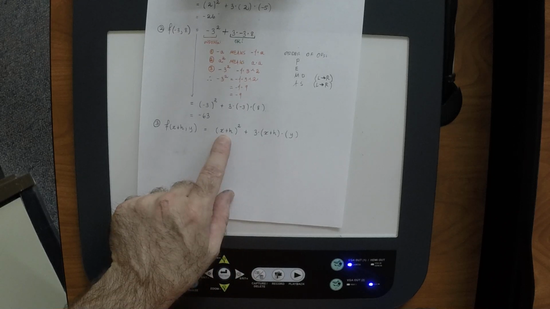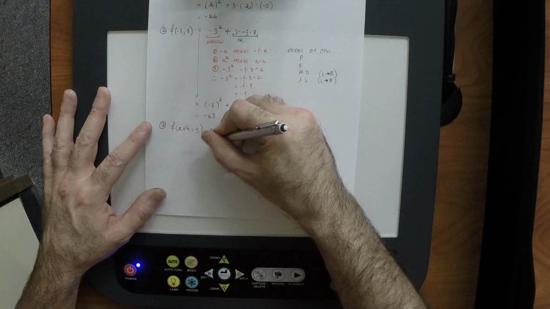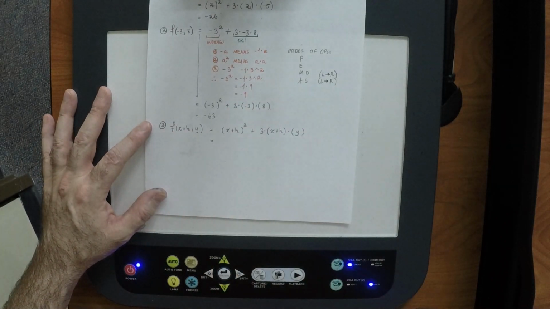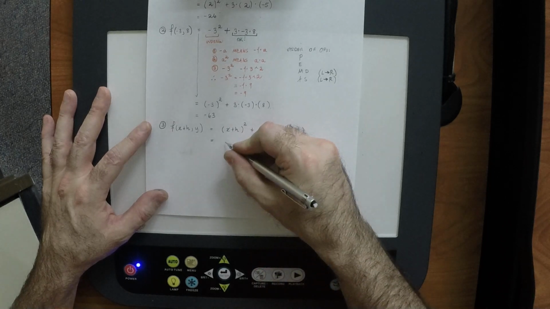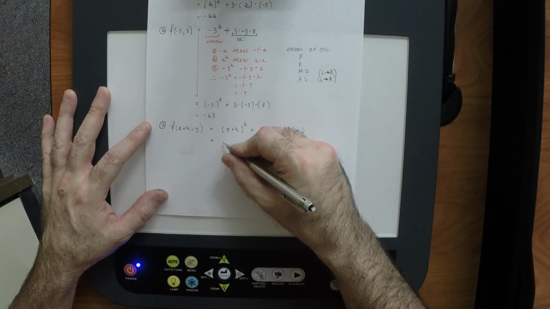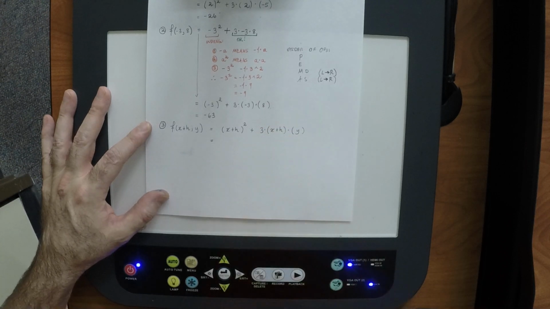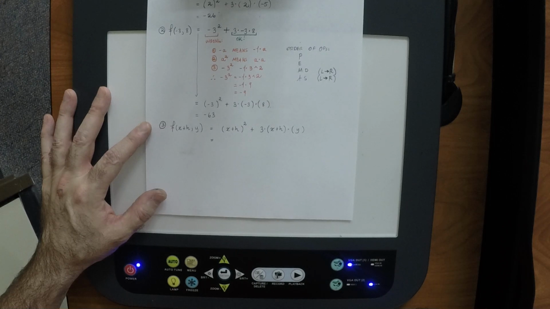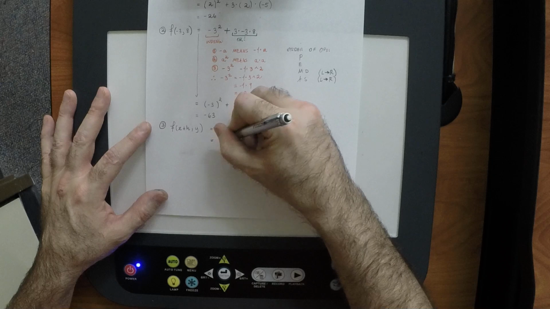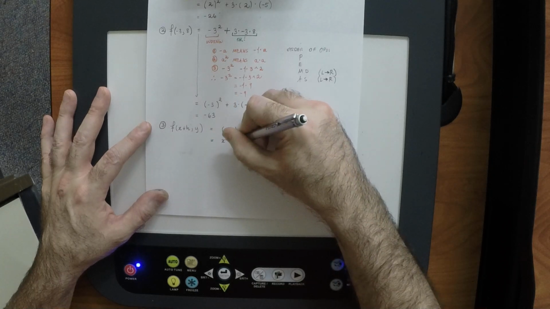So this x plus h all squared, you should just be able to rattle off the answer. What is it? If you were to FOIL it out or whatever. X squared plus 2xh plus h squared.